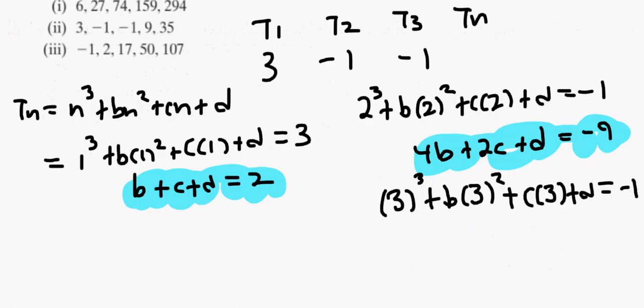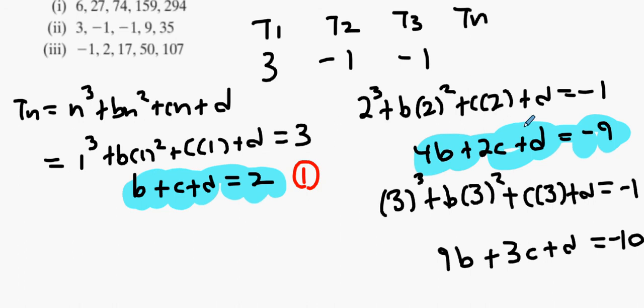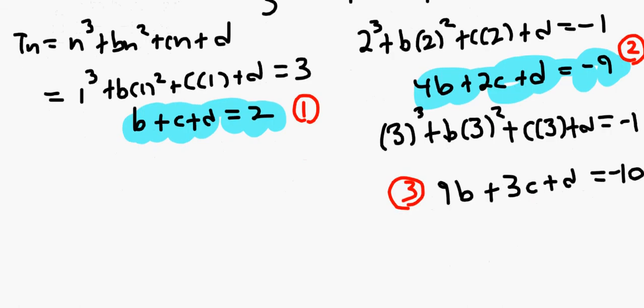In this case we're going to get 9b plus 3c plus d equals minus 10. Everybody cool with that? I'll label them now. You can be equation 1, you can be equation 2, and finally you can be equation 3. Alright, I'm going to do equation 3 take away equation 1.